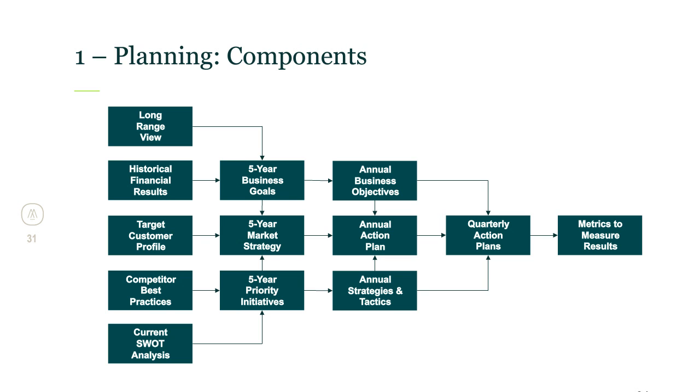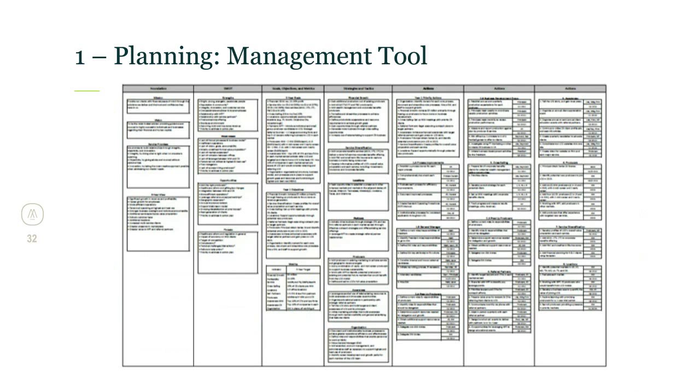So that's item 1. And then item 2, and I'm going to go to the next slide, is sharing your plan with them. Now, I know you can't read this, and that's purposeful, because this is an actual strategic plan on one 11 by 17-inch piece of paper, and it goes from top left mission to bottom right quarterly action plans by year, and which includes the who, what, and when for achieving the goals and objectives.